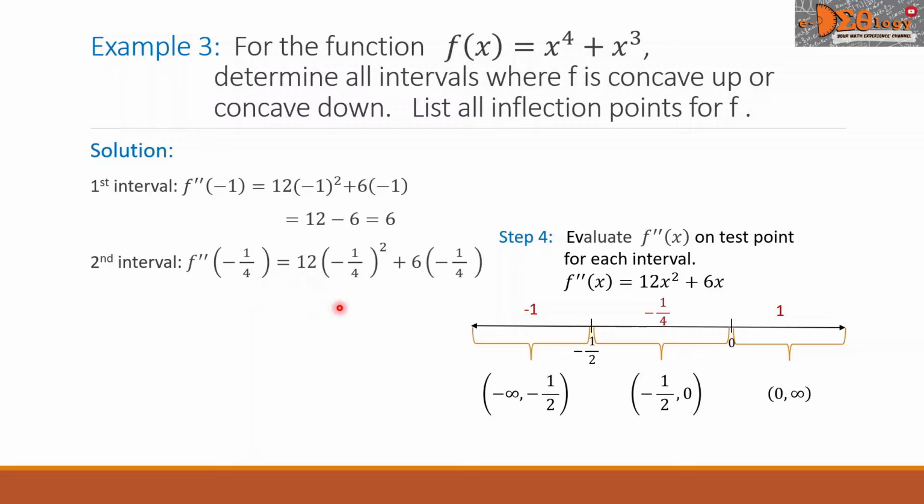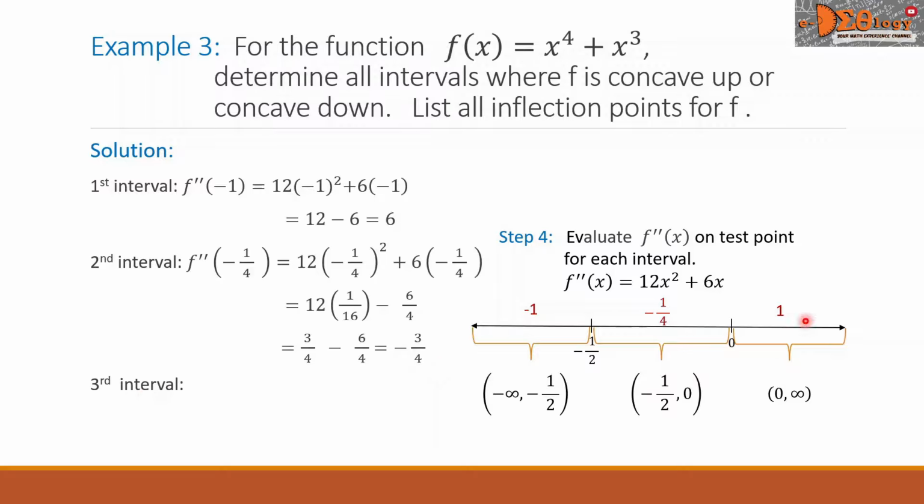So we have 12 times the square of negative 1 over 4 plus 6 times the negative of 1 over 4. We simplify this: the square of negative 1 over 4 is positive 1 over 16, and 6 times 1 over 4 is 6 over 4. Note that this 12 over 16 we can simplify as 3 over 4, then minus 6 over 4. And the answer here is negative 3 over 4.